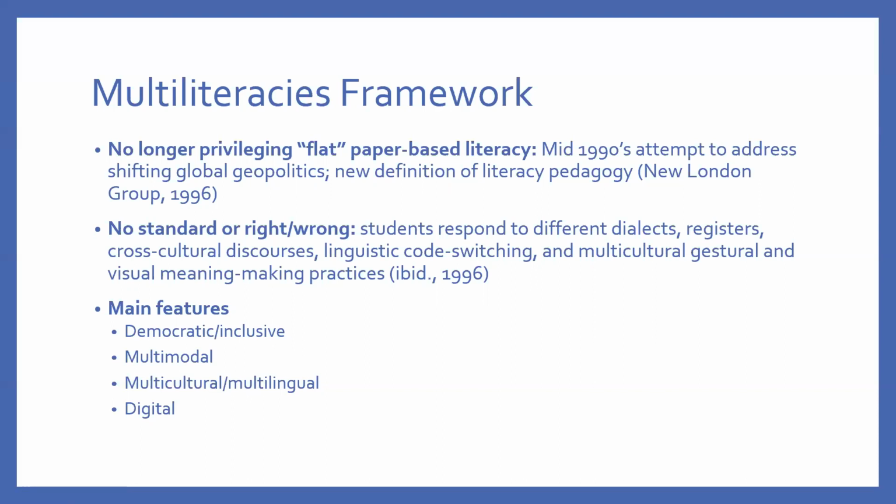They decided that there is actually no standard right or wrong way to approach literacy, and that in this era of technology development and globalization, students really respond to a variety of different dialects, registers, cross-cultural discourses, linguistic code switching, and multicultural gestural and meaning-making practices.